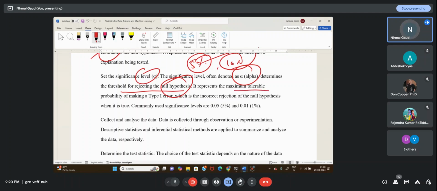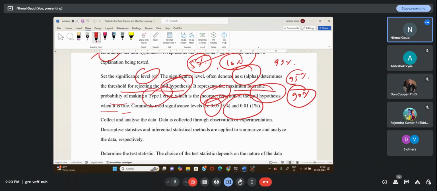It represents the maximum tolerance probability of making a type 1 error, which is incorrect rejection of the null hypothesis when it is true. Commonly the significance level is 5% or 1%. So you may have 99% confidence, 95% confidence, or 90% confidence. 90 is also less. With 95% confidence, 5% is the significance; with 99% confidence, 1% is the significance.